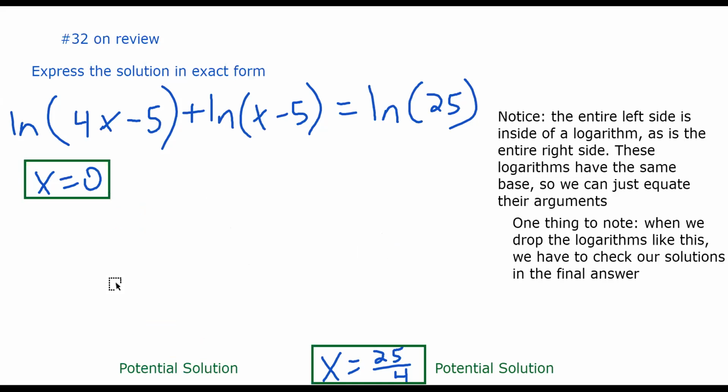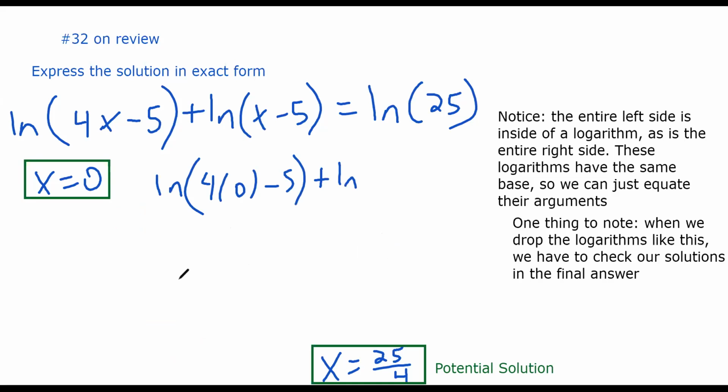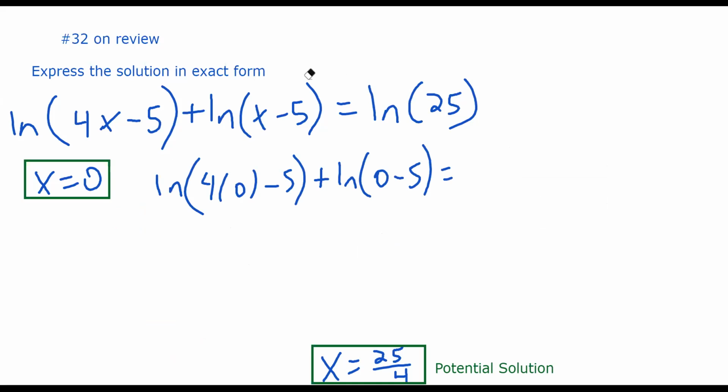So I'm going to try x equals 0. I'm just going to straight up chuck it into the logarithm. I'm going to have the ln of 4 times 0 minus 5 plus the ln of 0 minus 5 equals the ln of 25. I've reached a problem.